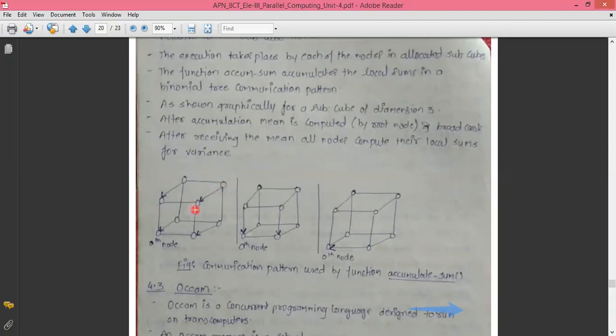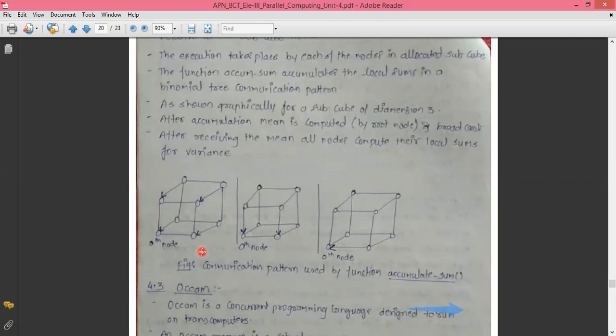The dimension of the cube is 3, because everything in parallel programming is always talked about in the form of 2 raised to the power n. The total number of nodes is 8. So 2 raised to the power how much makes it 8? It is 3.